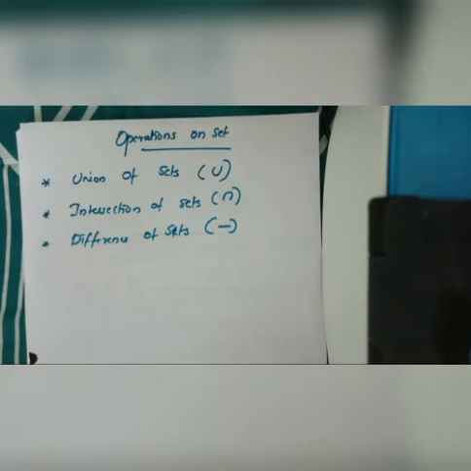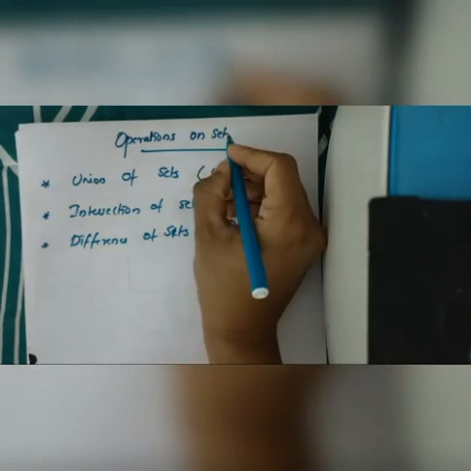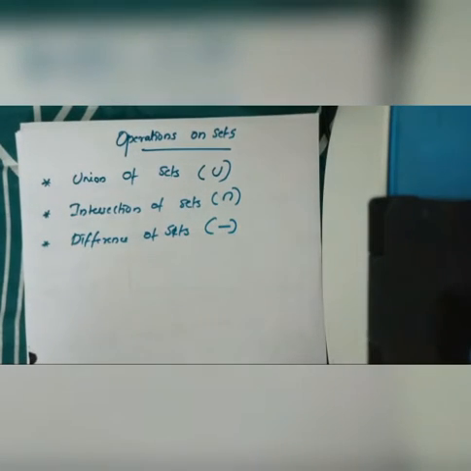Here we are discussing the Plus 1 mathematics subject, Chapter 1, Sets. And today we are going to discuss a very important topic in this chapter, that is operations on sets. In mathematics we do many operations, like in lower classes we studied subtraction, addition, multiplication, division.